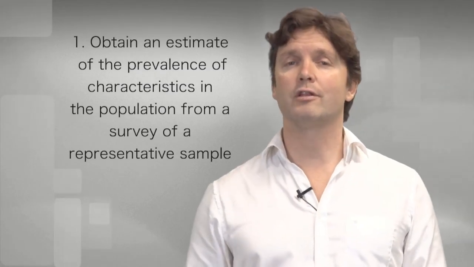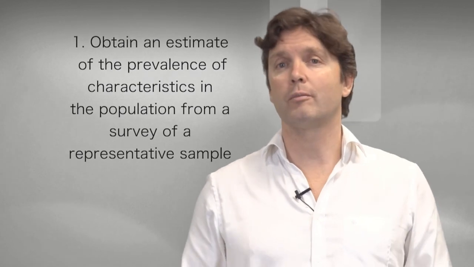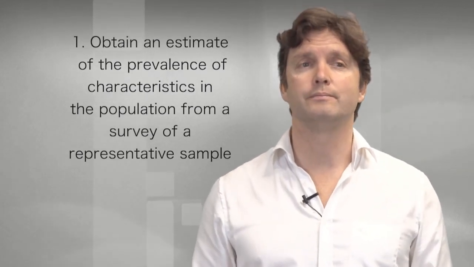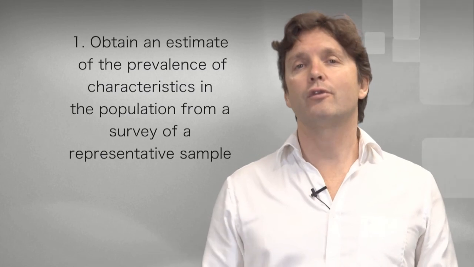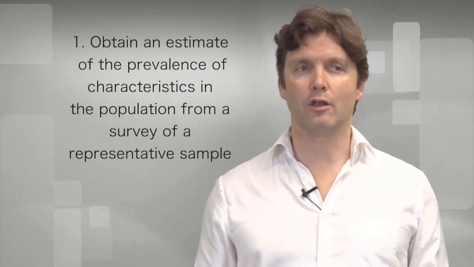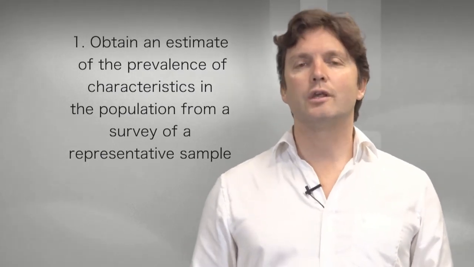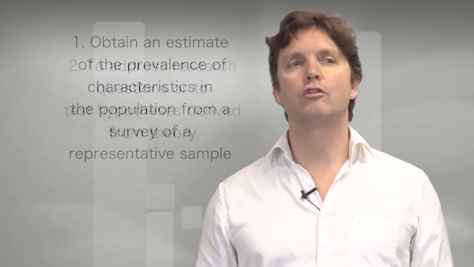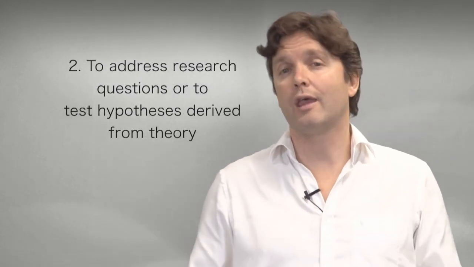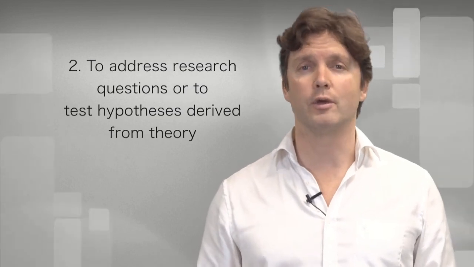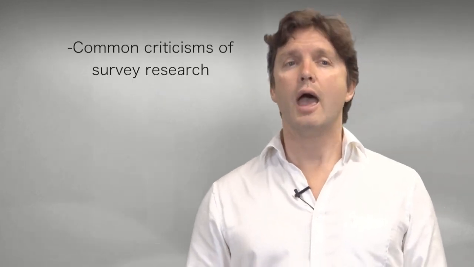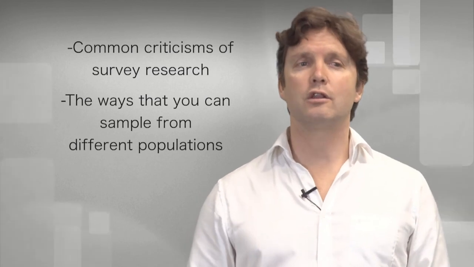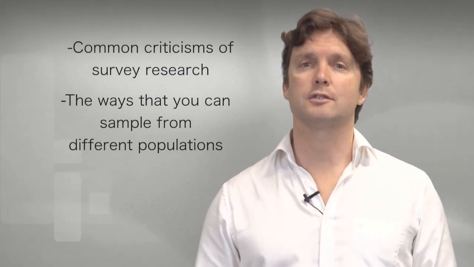The first reason is to obtain an estimate of the prevalence of characteristics in the population from a survey of a representative sample. In other words, to make inferences about what the population is like. The second reason is to address research questions, or to test hypotheses derived from theory. So in this lecture, you're going to be looking at some of the common criticisms of survey research and also some of the ways that you can sample from different populations.